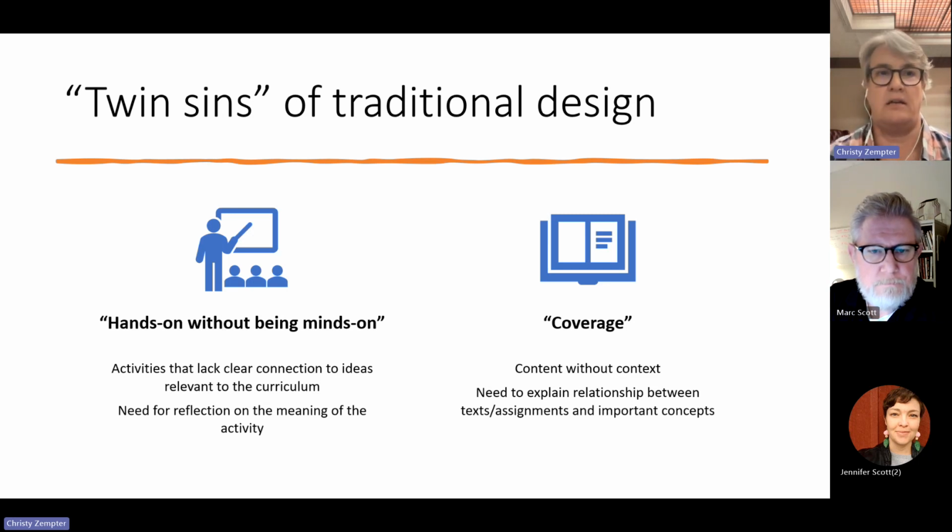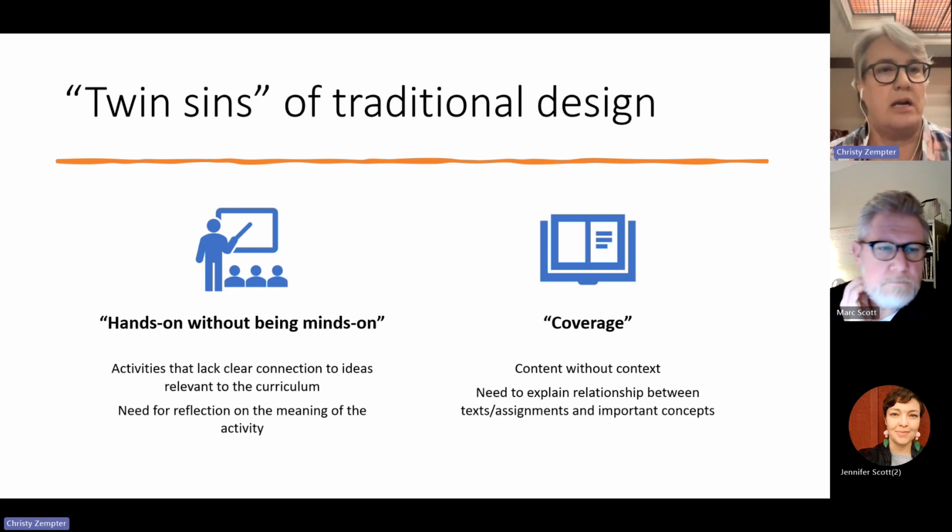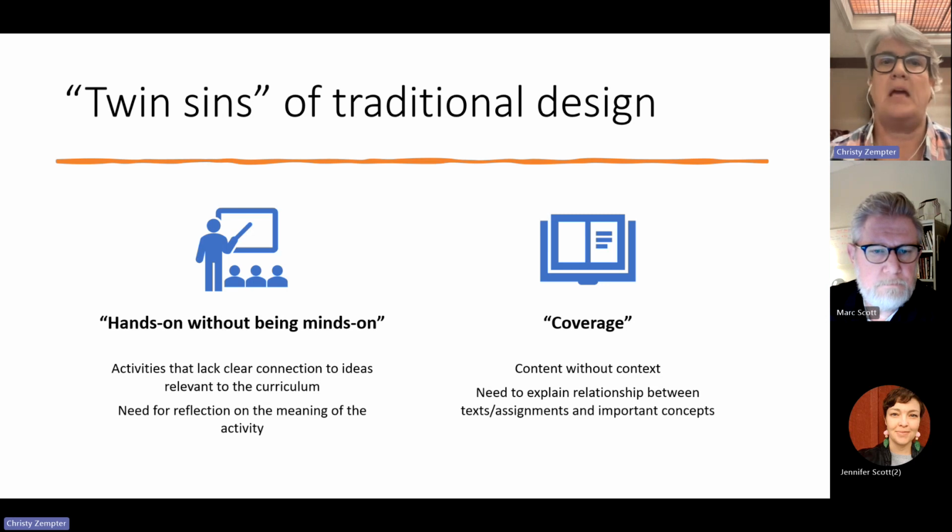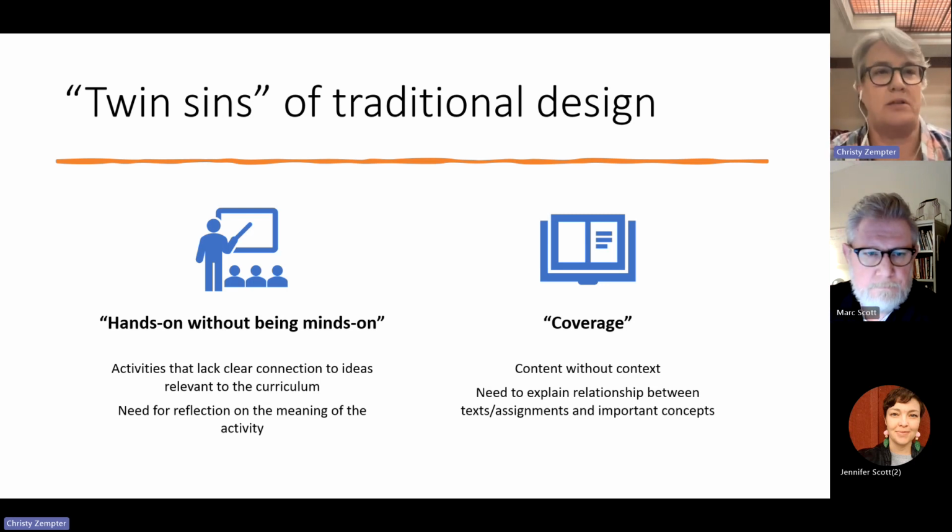Students need to understand why they're doing this thing too and how it connects to what it is that you're trying to achieve in this class. And so part of the process for that, again, reflection. So I certainly don't think the authors, and I'm certainly not saying take active learning or experiential learning out of your curriculum.